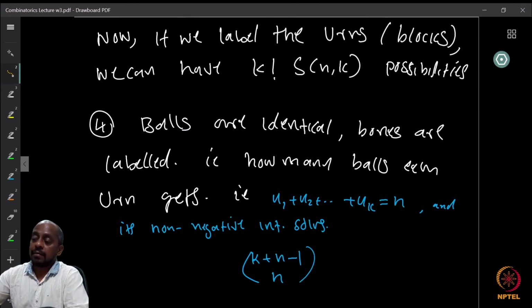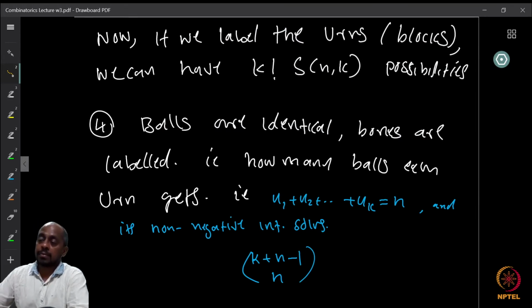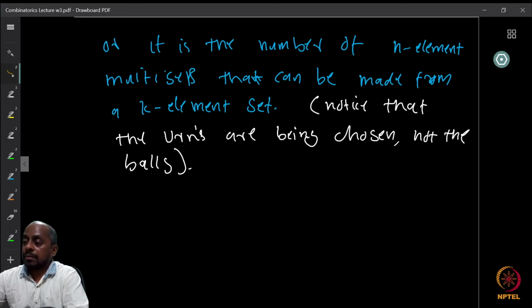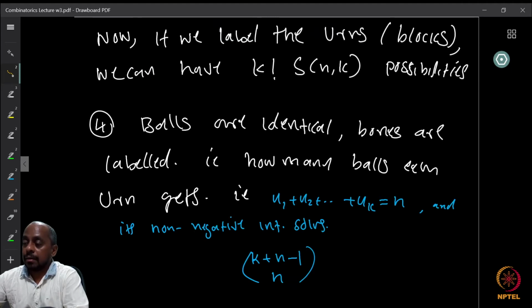Therefore we have k factorial into S(n,k) possibilities to do this, where S(n,k) we define to be the number of ways to partition an n element set into k blocks. So we have filled up that entry; we can fill that entry now with S(n,k) into k factorial.